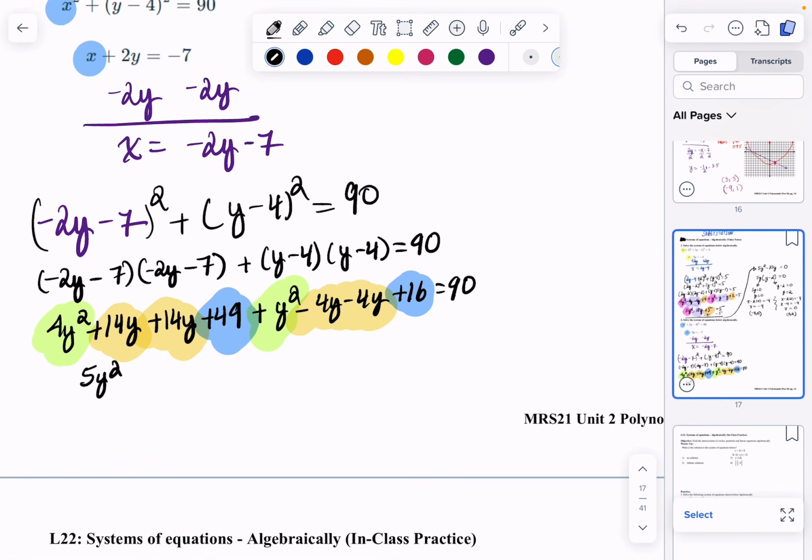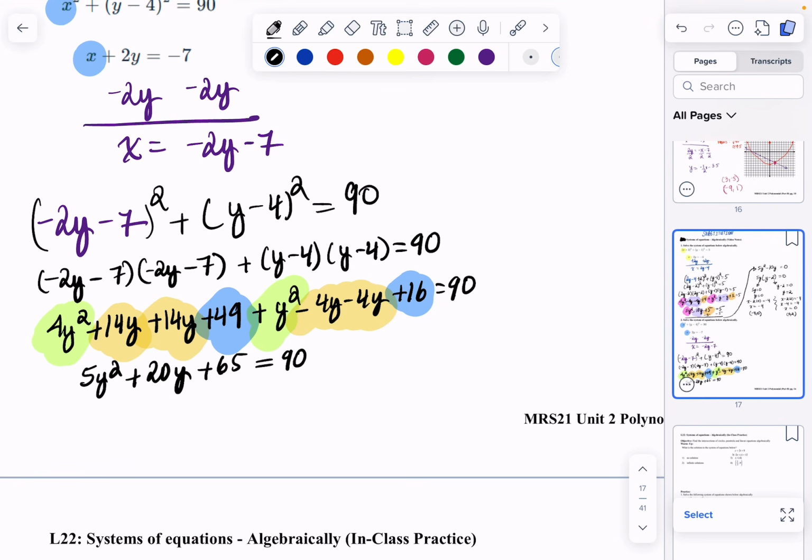Then 28 minus 4 is 24, and 24 minus 4 gives us 20y. And then 49 plus 16 gives us a positive 65 equals 90.